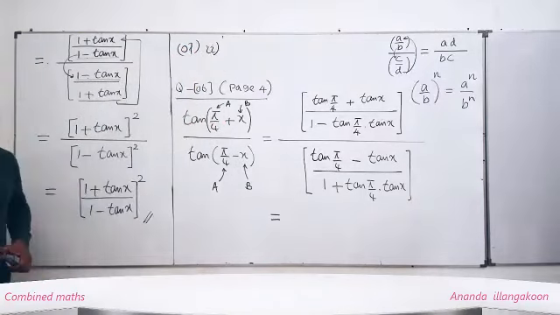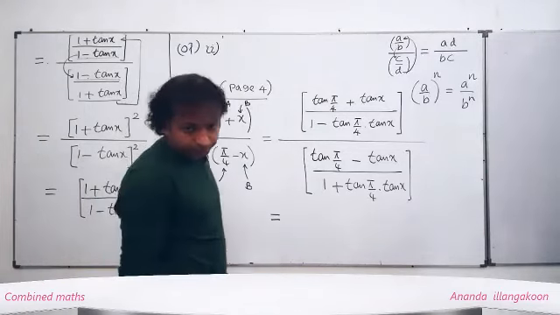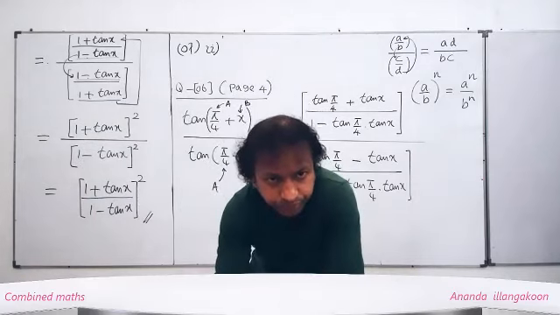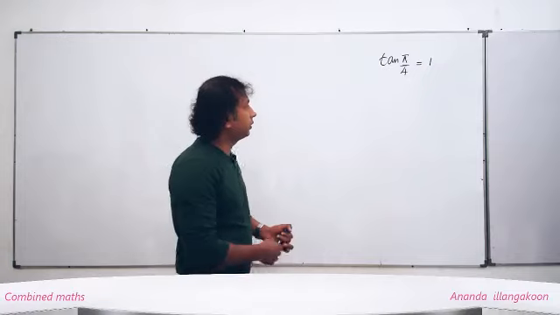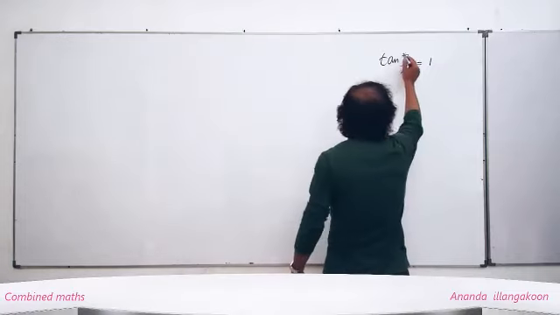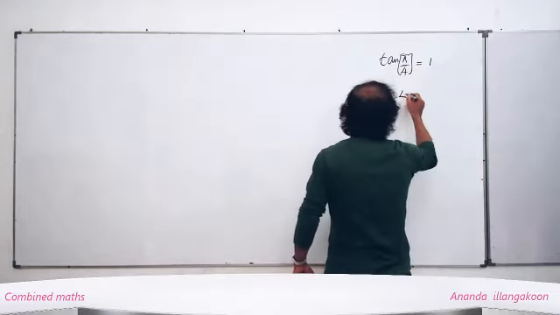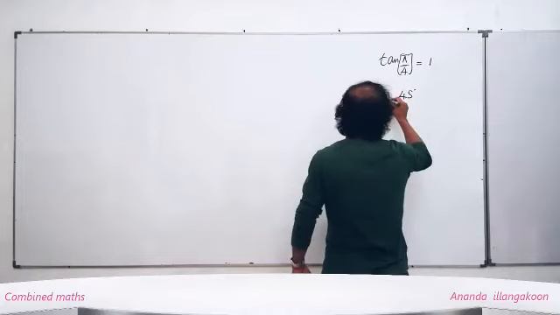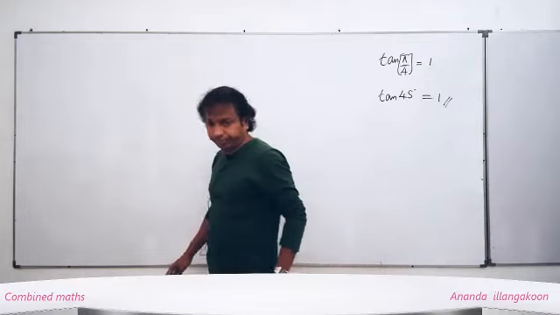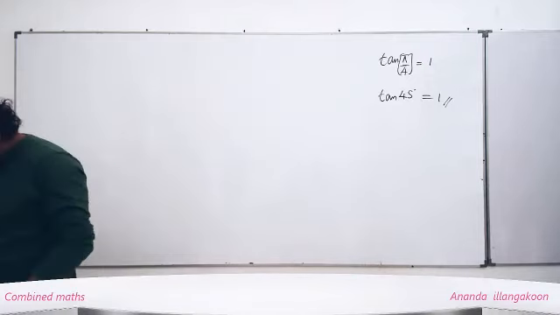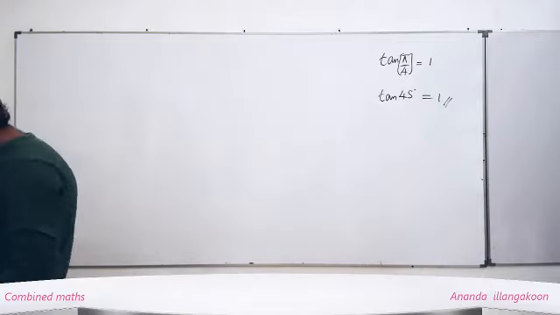Question number 7, part 2. Tan pi by 4 is 1 because this pi by 4 is 45 in degrees. Tan 45 we learned to be 1, no, people. That's why. Okay, I told you to take this question number 7, part 2, no?